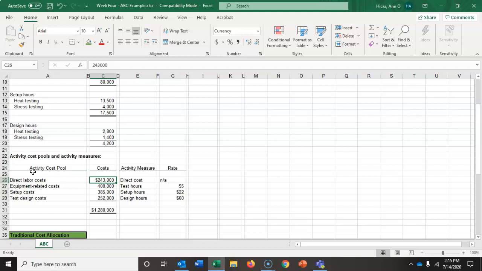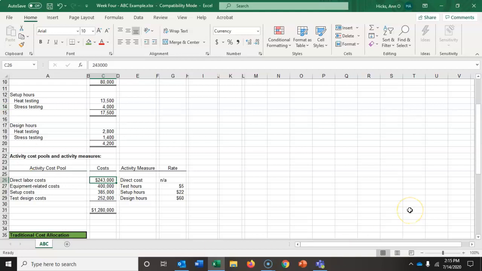Now, this is a key factor in the process of activity-based costing. And think back to what we already know, and that is direct costs can be more accurately traced to a product or a job than indirect costs. So if we can, based on how we've identified our activity, identify a cost as being direct, then by default, we're going to be able to fine-tune the assignment of that cost.